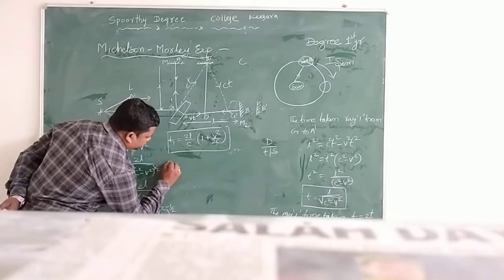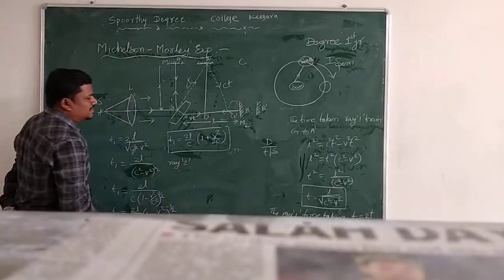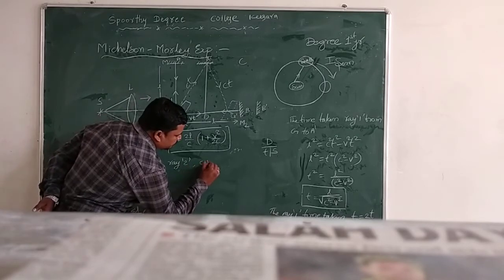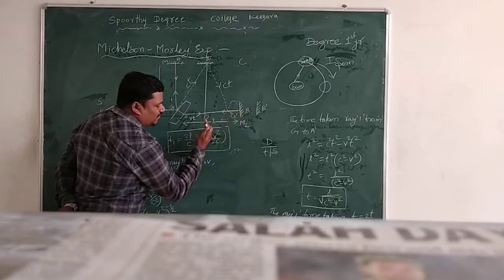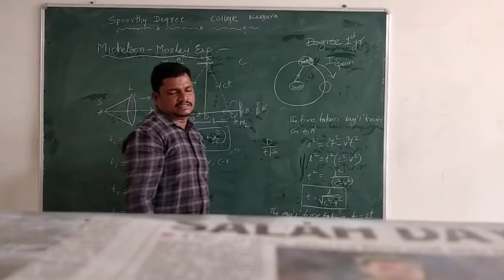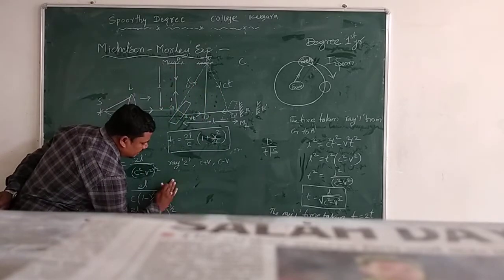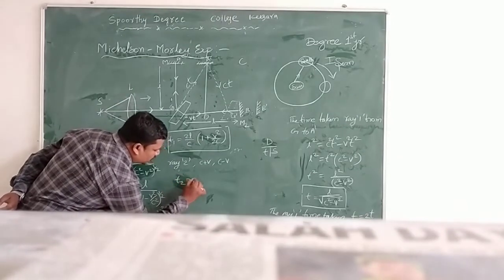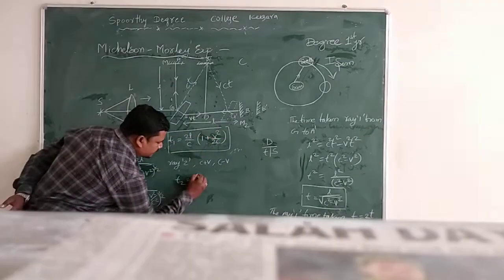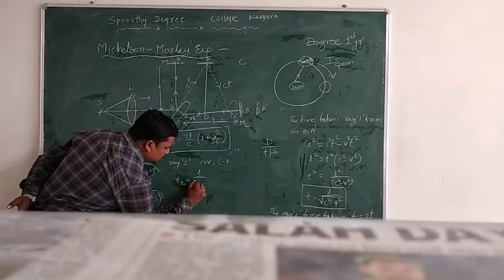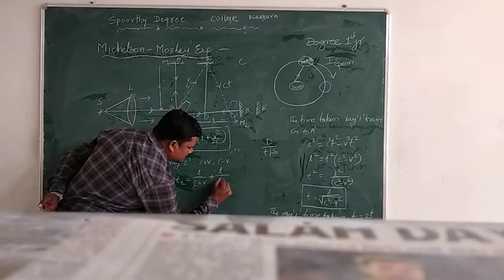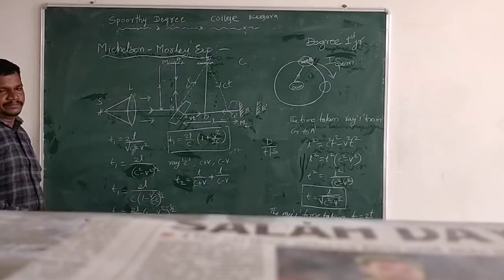Here the second ray, ray 2, is towards the mirror, then there is C plus V. Then it is reflected with C minus V. Same formula, distance by speed. Then the time taken T2 equal to distance by speed: L by C plus V plus L by C minus V. That is the reflected ray.